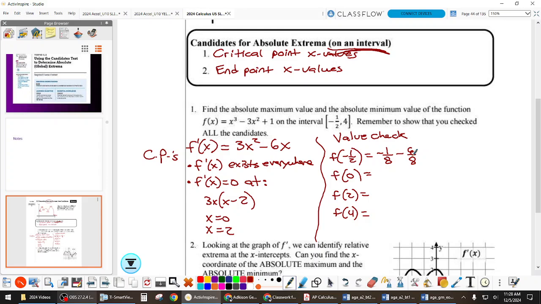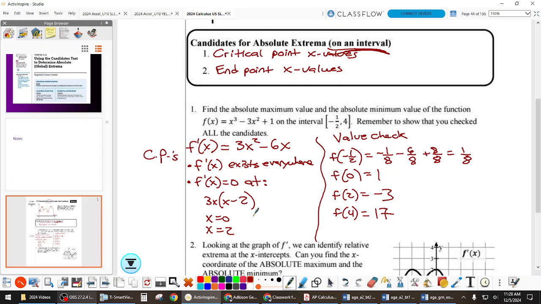Okay, and then plus 1, plus 8/8. So that's an eighth. Okay, f of 0 is easy, that's just 1. f of 2, so 8, and then minus 12 is -4, plus 1, that's -3. 4 cubed is 64, minus 48 is 16, so that's 17. Okay.